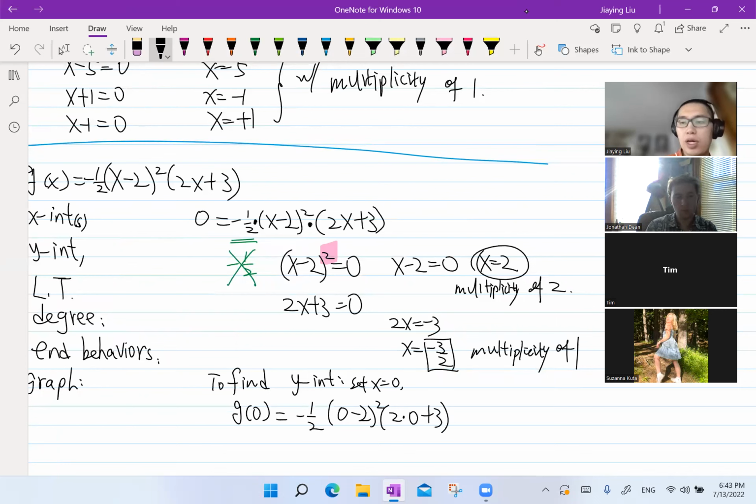If we carry out the algebra here, we get -1/2 times (-2) squared. Be careful, we square -2. The square of -2 is +4, it's not negative, so that's a +4. Then 2 times 0 is 0, and 0 plus 3 is 3. So we end up with 1/2 times 4, that's a 2, so we get -2 times 3, which is -6.